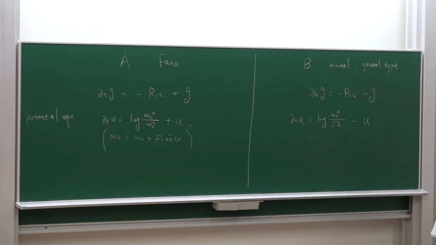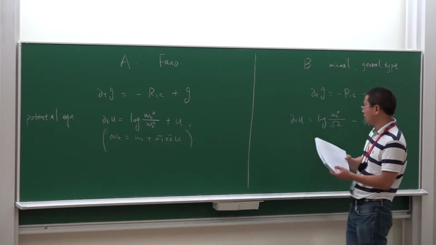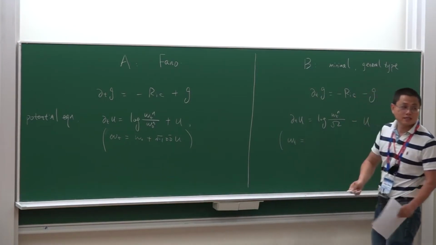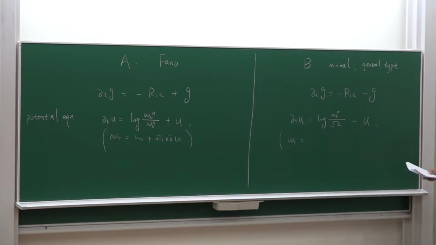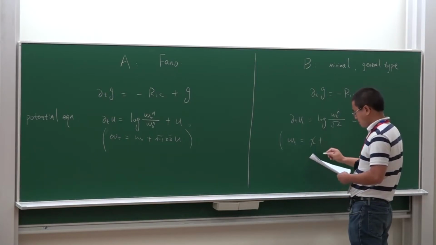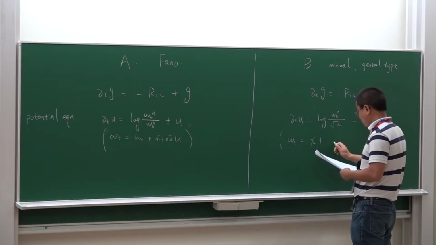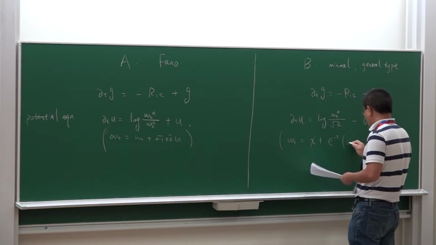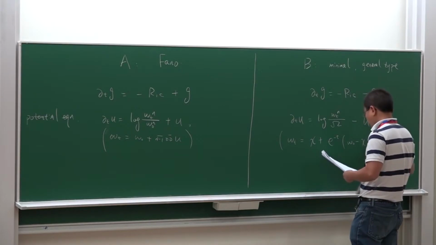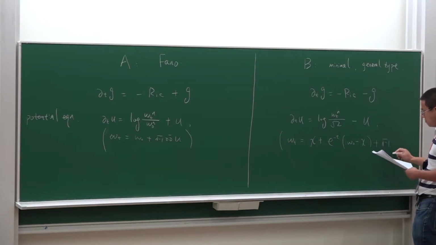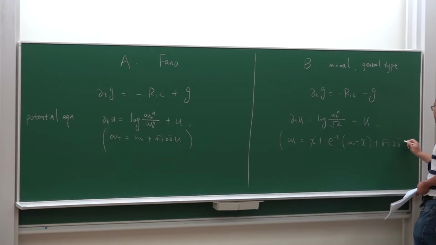Actually, in this case, because the class is evolving, we have omega t equals chi plus e to the negative t times omega 0 minus chi, plus square root negative 1 partial partial bar of u.